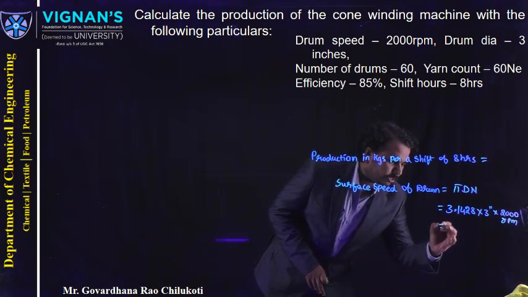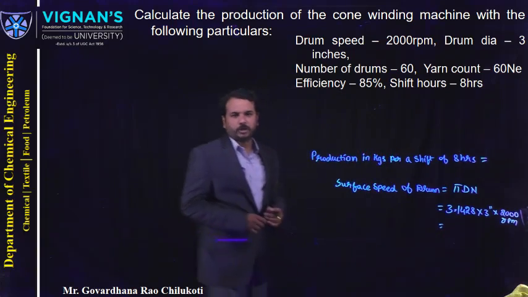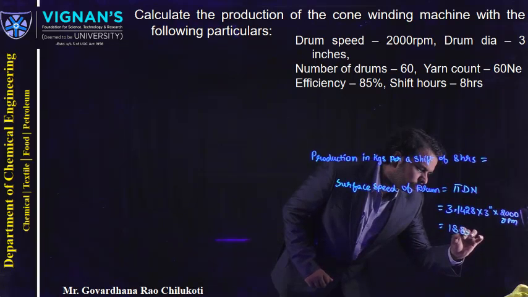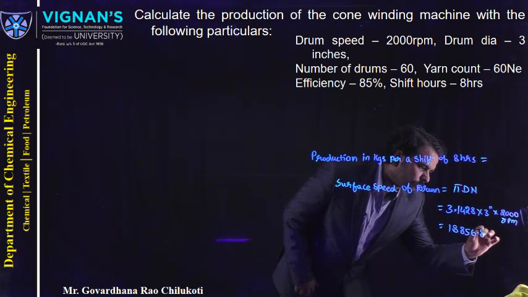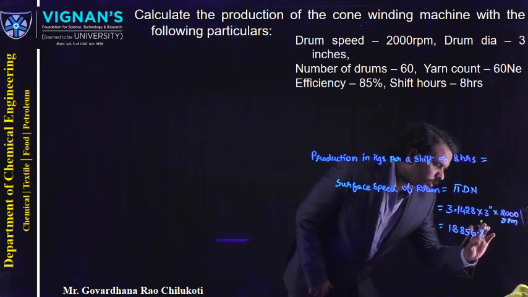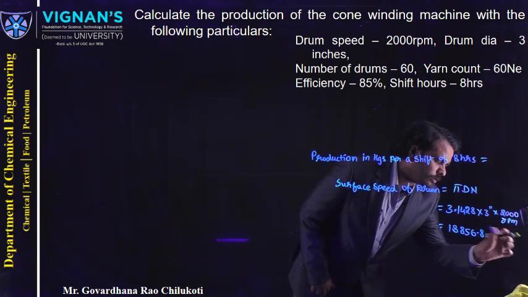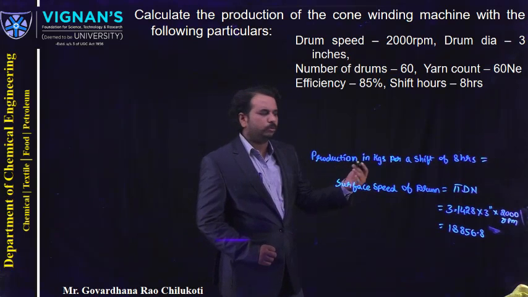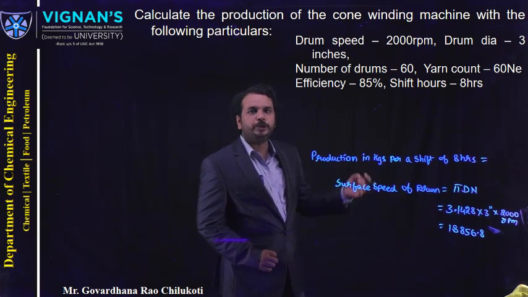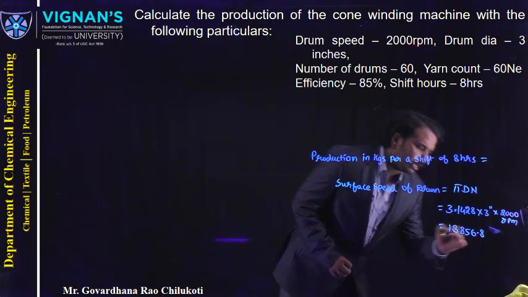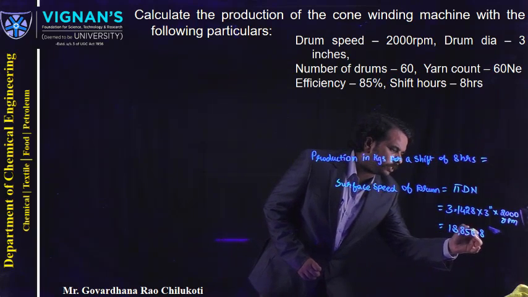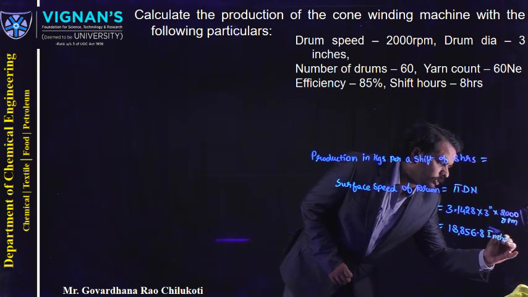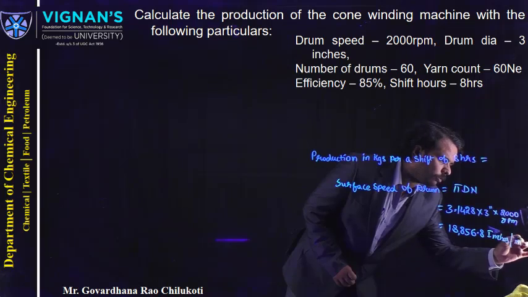We can calculate the surface speed by using this formula. After calculating 3.1428 into 2000 into 3 inches, we get 18,856.8 inches per minute.